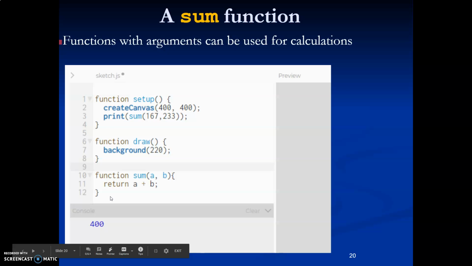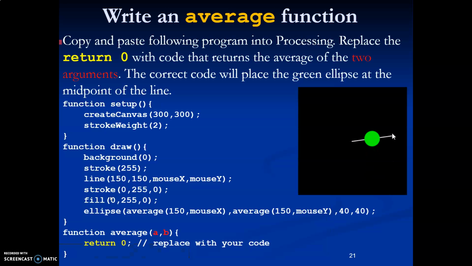Well, printing the sum number to the screen is not that interesting. So here I've got a project for you. Actually, a couple of short programs. I want you to copy and paste this into the P5 web editor, and then you're going to come down here to this return 0, and you're going to change it. Instead of returning 0, I want you to write your own code that's going to return the average of the variables A and B. So right now we draw a line from the center of the screen to wherever the mouse is.